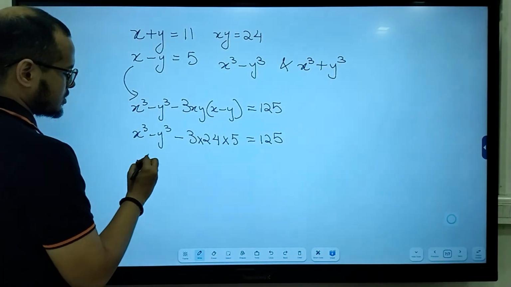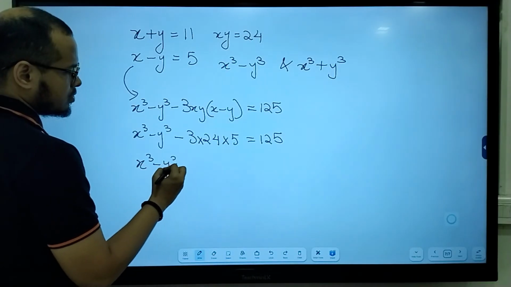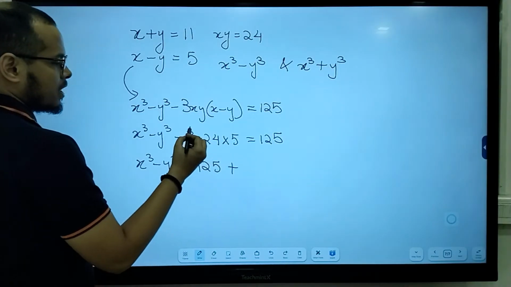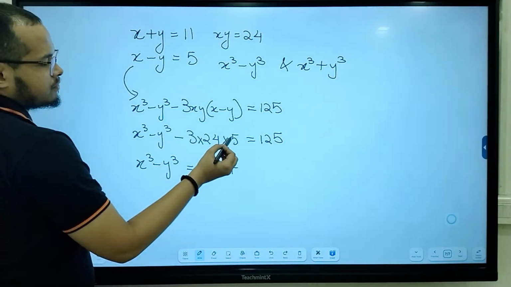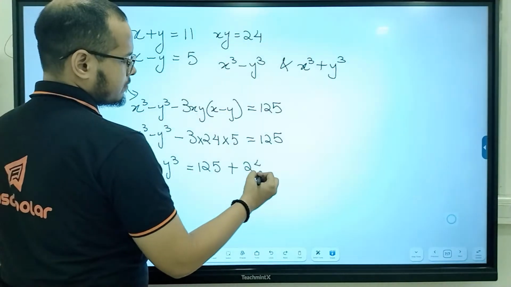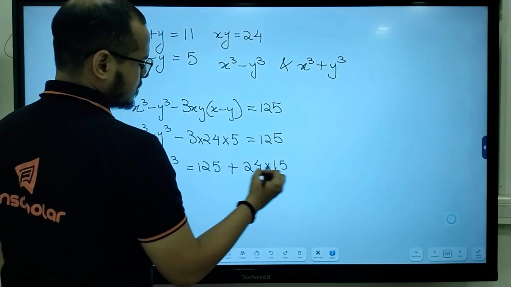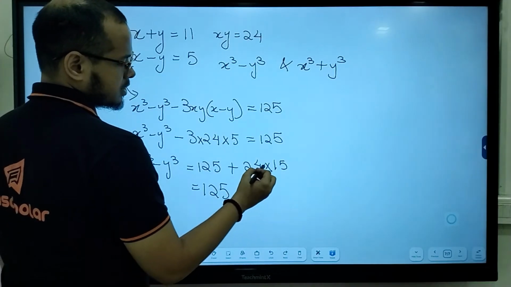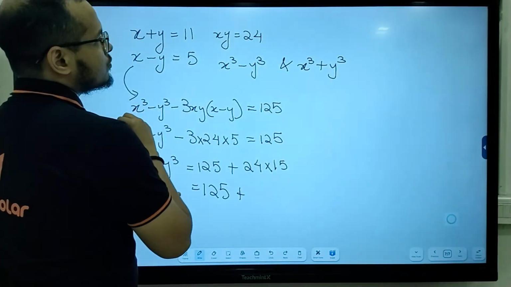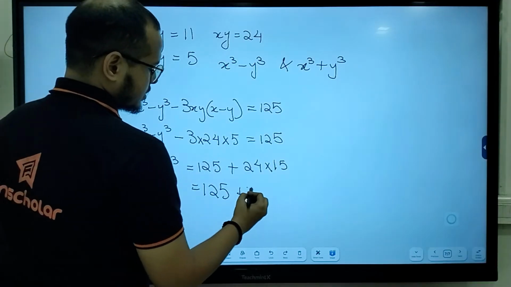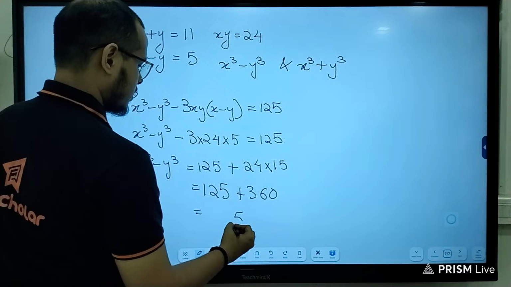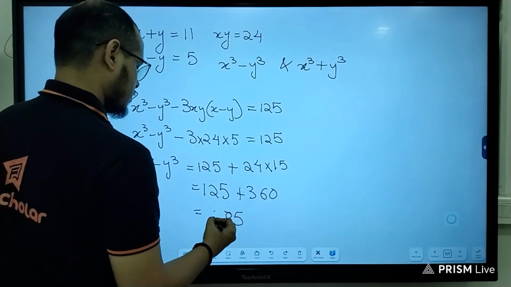Okay, so x cube minus y cube is equal to 125 plus 3 into 5 is 15, 24 into 15, that is 125 plus 240 plus 120, 360, is equal to 485.